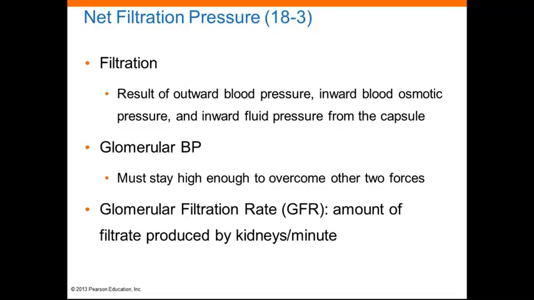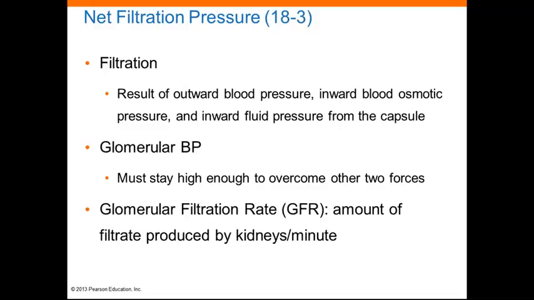The filtration pressure at the glomerulus is higher than the capillary blood pressure because the diameter of the efferent arteriole is slightly smaller than the diameter of the afferent arteriole. So blood hits this bottleneck and the pressure increases in the glomerular capillaries.